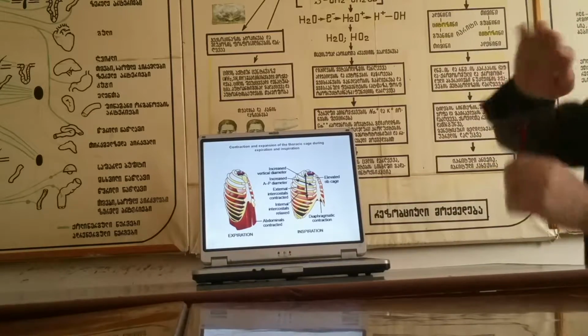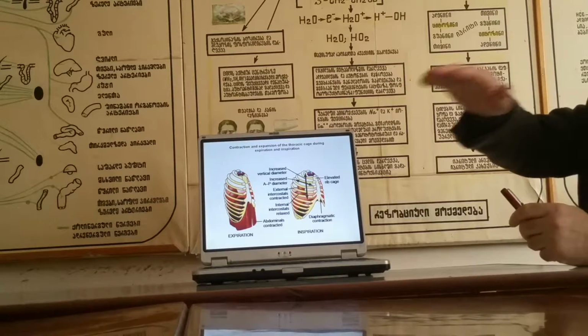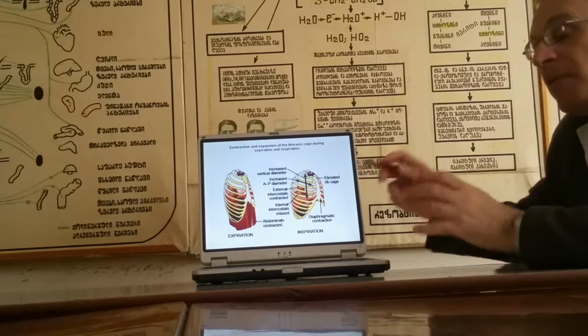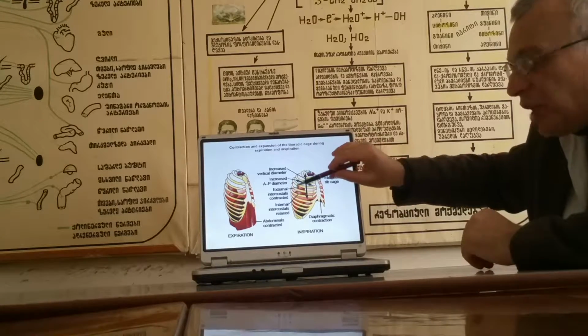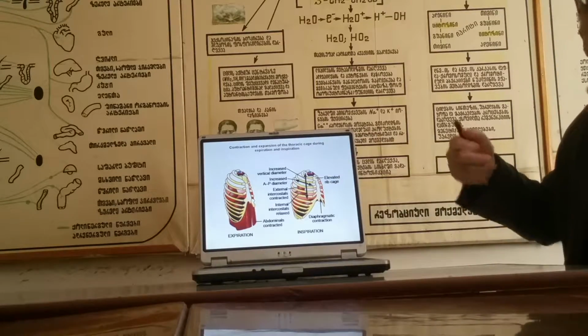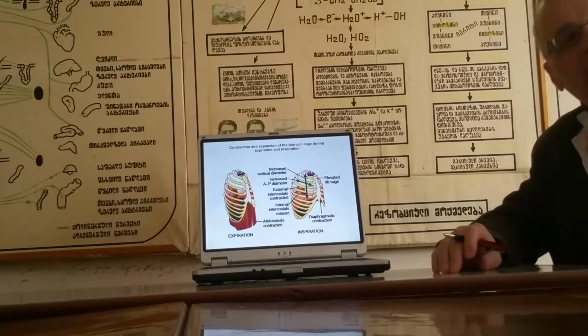So from this arc form, it becomes straight. As a result, the chest cavity volume increases. Yes, it's absolutely enough.